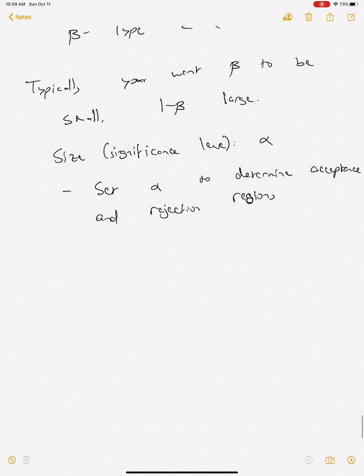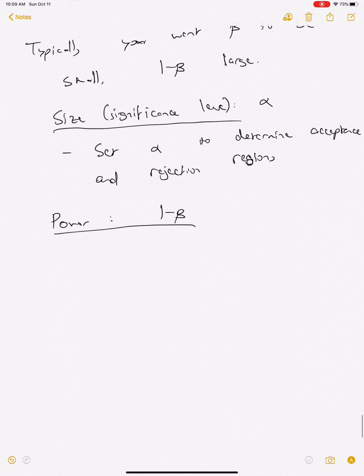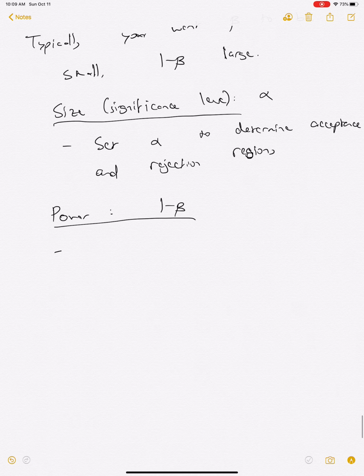And then we have the power, that we denote as 1 minus beta. And the idea here is that we want power 1 minus beta as large as possible.